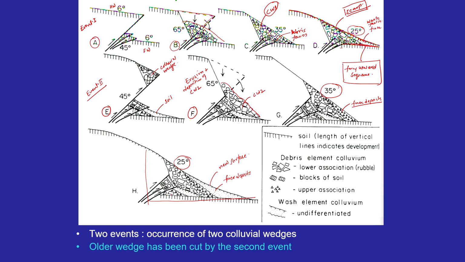Then you see the debris, disoriented fragments of the debris over here, and then finer deposits. So this was surface 1, and then we have another colluvial wedge. So this one is your colluvial wedge 1, and this is your colluvial wedge 2. So if you come across such an indication, then at least you can say that there were 2 events.